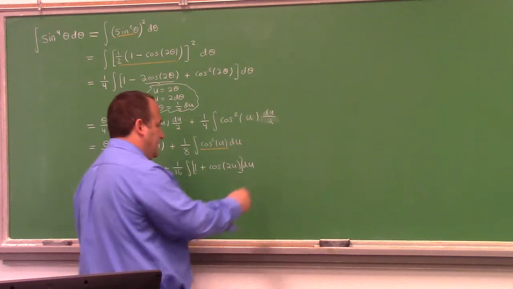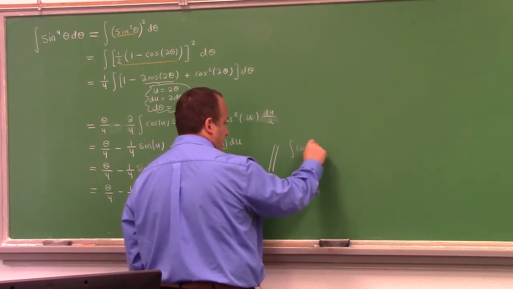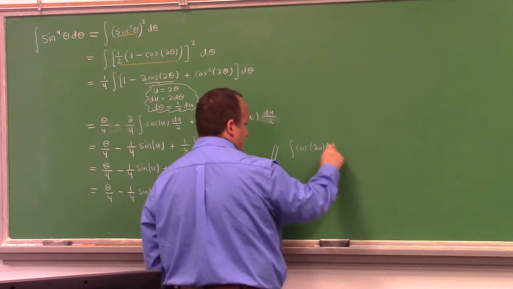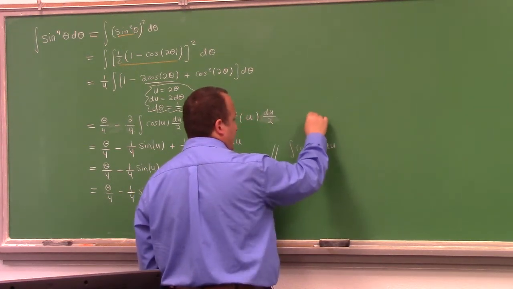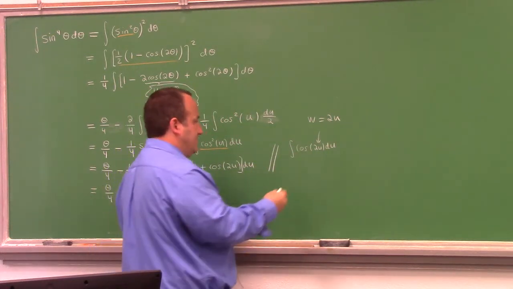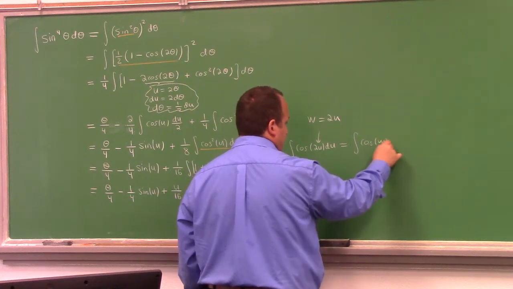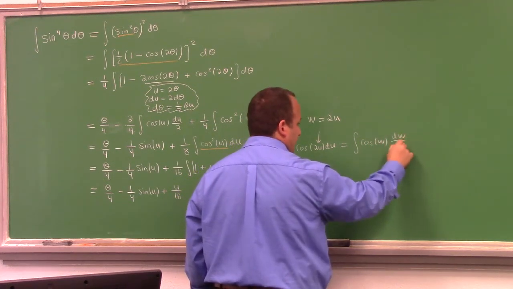The sine, but almost. But let me do it over here. The integral of cosine of 2u du. So we're going to let w equal 2u. And with that, this is equal to the integral of cosine of w times dw over 2.